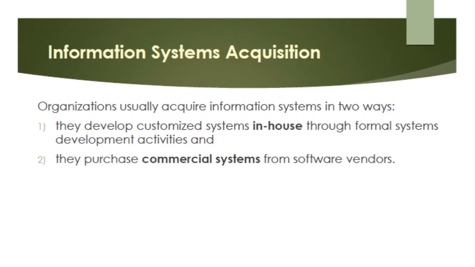So when we say in-house, it means that the entity or the company really has a team or a group of staff that works full time. So they include analysts and programmers who identify user information needs and satisfy their needs with customized systems.